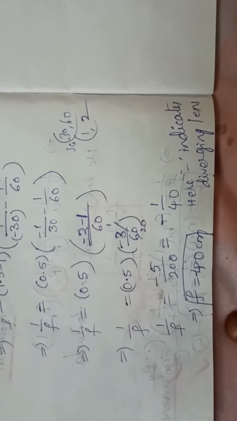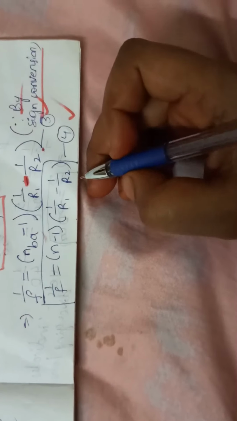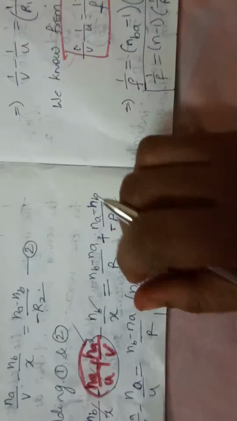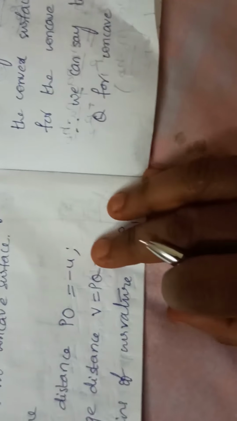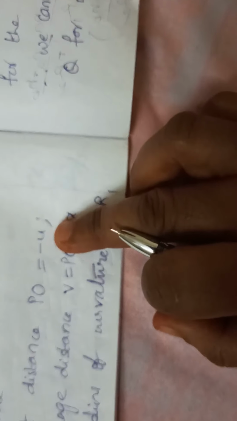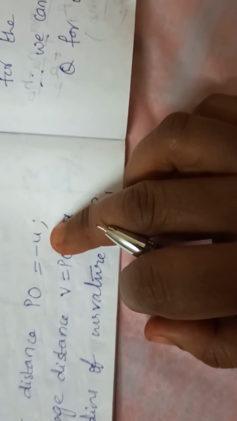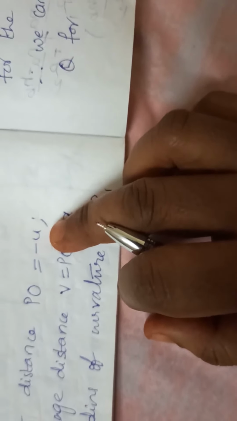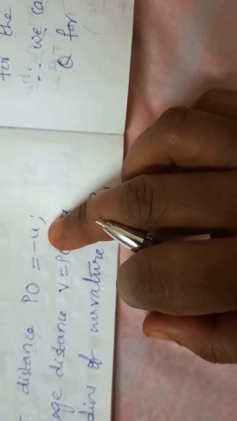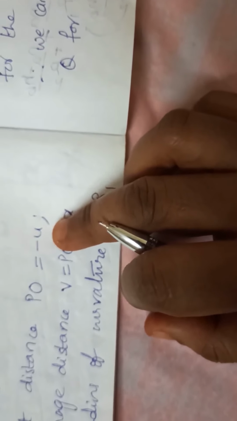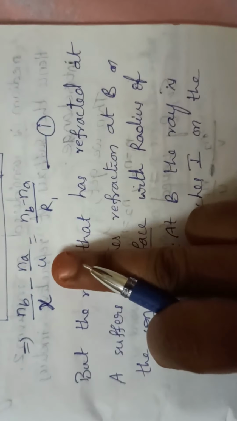So sign convention is most important for all. That's why here we are taking the sign convention value again, and here we are neglecting the sign convention. Why? Because here we are considering only the basis of the curved surfaces formula; here we are neglecting this sign and we are not taking that minus sign, children.